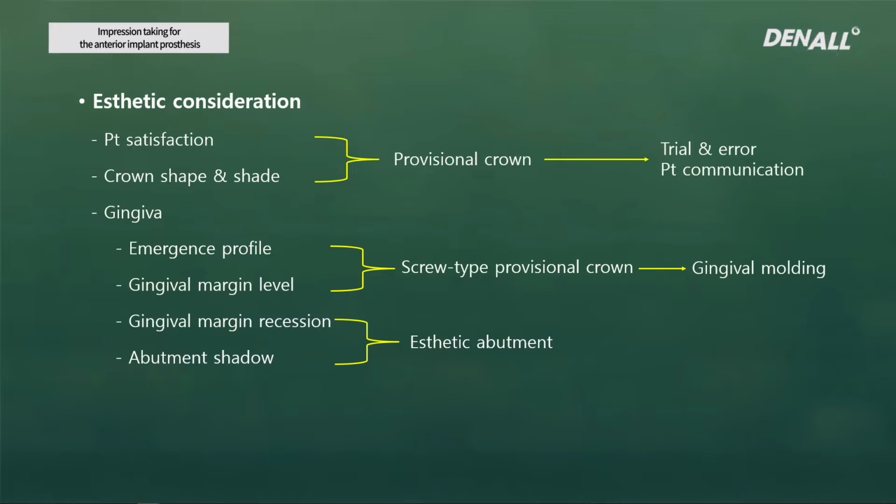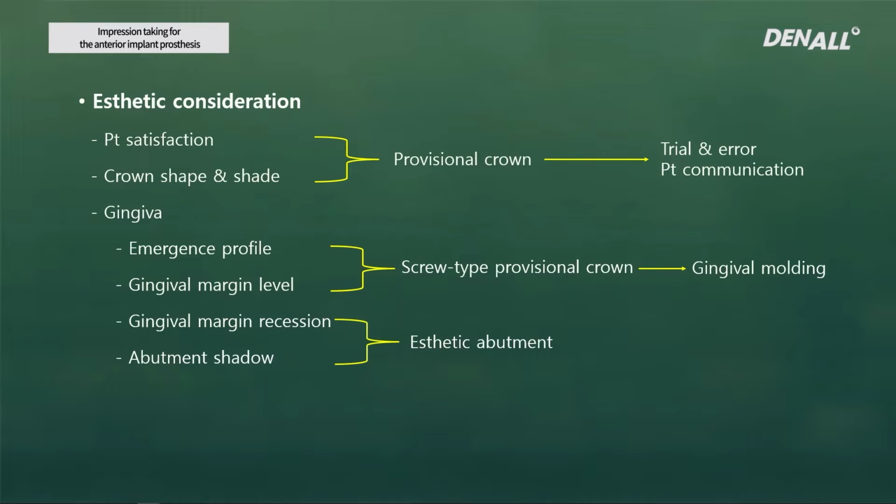First, you need to communicate about the prosthesis with the patient and give feedback to the technicians. The temporary needs to be fully tried in. And the 3D emergence profile and gingival margin level, depending on the running room of the prosthesis, can change. That is called gingiva molding.